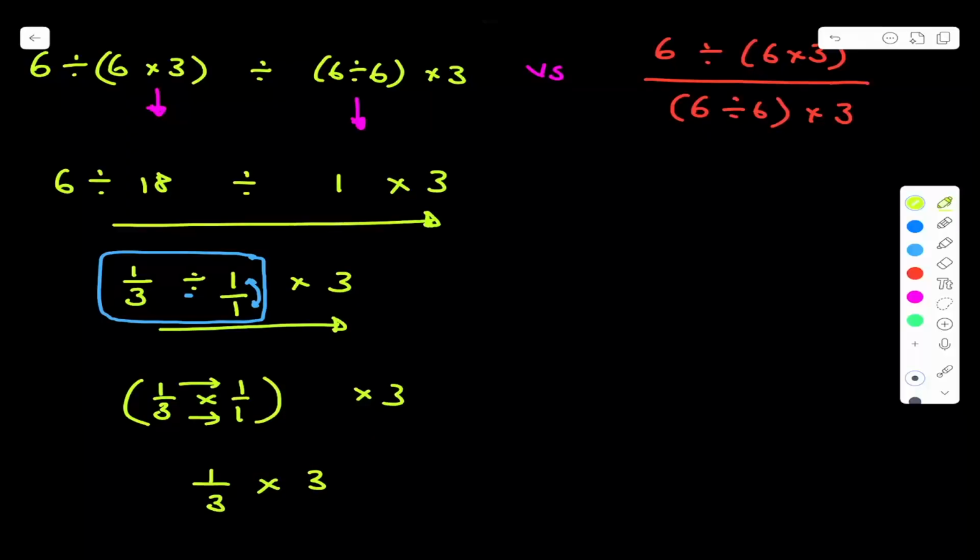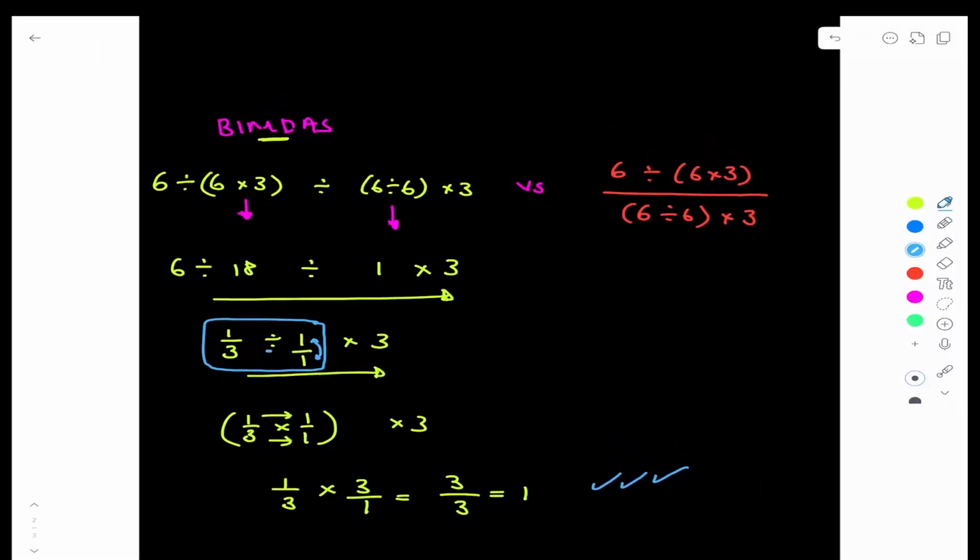So we're left with a third times 3. And remember, to multiply by whole numbers, you just put it over 1, then top times top over bottom times bottom. And 3 on 3 is 1. So, blue tick, triple tick if you got that correct. The answer for the first one is 1.